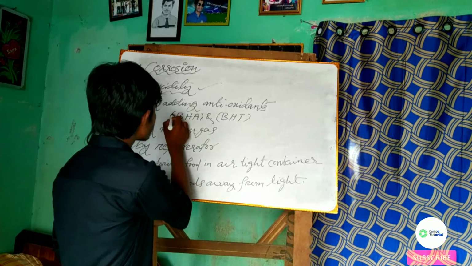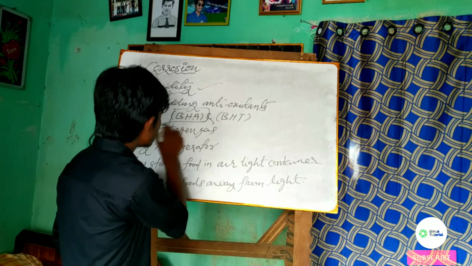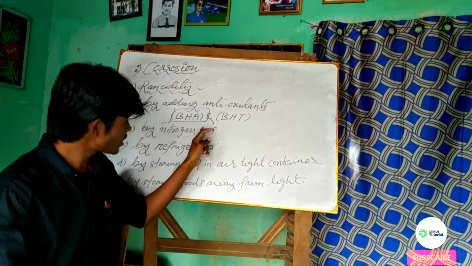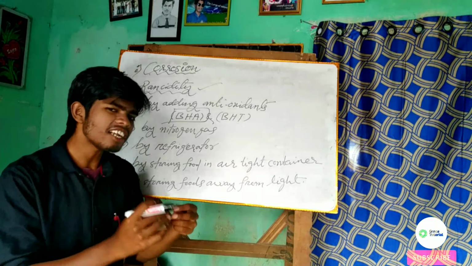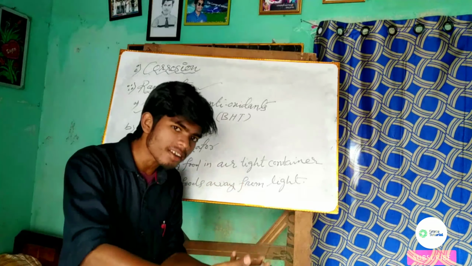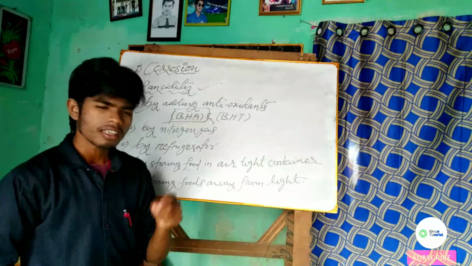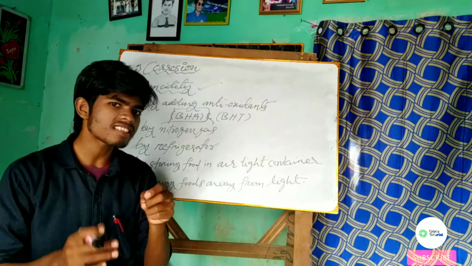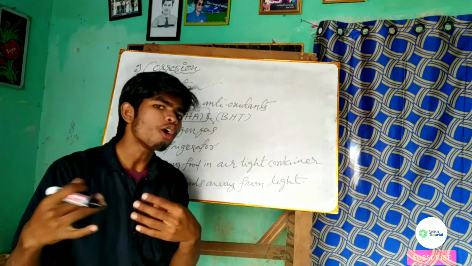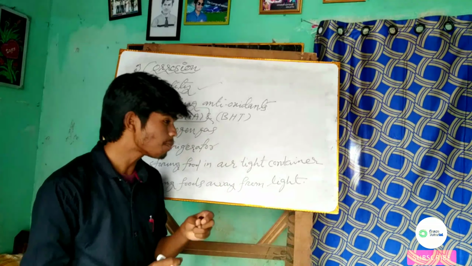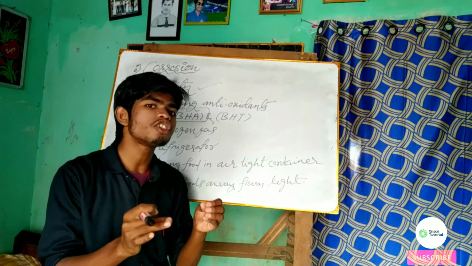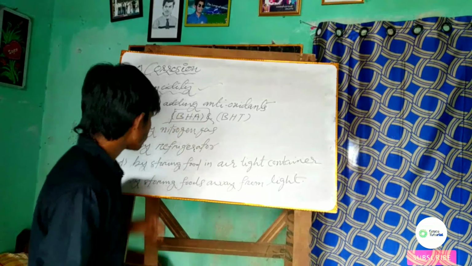We have two antioxidants, BHA, butylated hydroxyanisole, and BHT, butylated hydroxytoluene. When these antioxidants are added to the food items, oxidation does not take place in the fats and oils present in the food, so the food will be very much safe. That means the development of rancidity will be prevented.